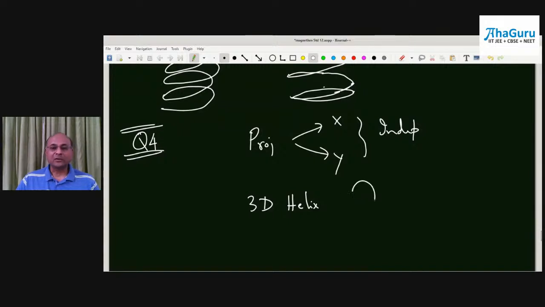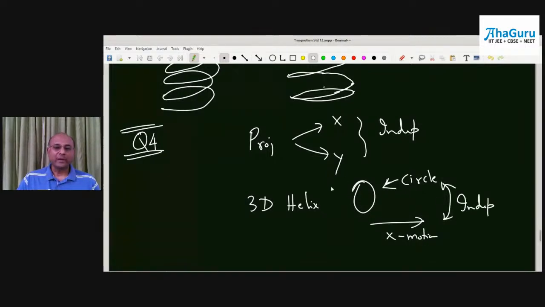So you say there's a circular motion, and the motion forward, X direction, horizontal, whatever, they are independent. These two are independent. So you can do this without worrying about that, and you can do that without worrying about this. So do them separately.